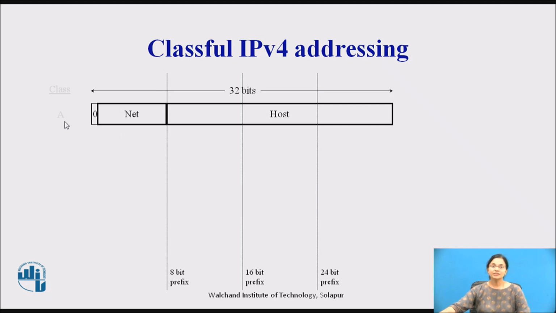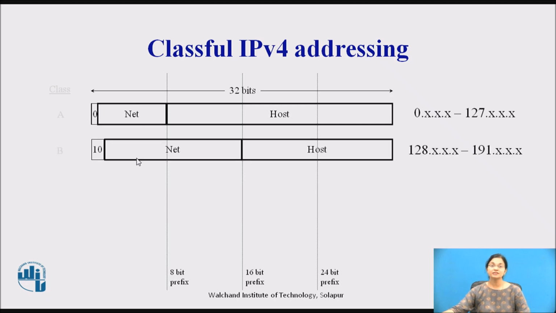Class A will always start with 0, the network part is 7 bits, and the remaining all is host. So from 0 to 127 will be your first network address. Class B will always start with 10. The network address is a total of 16 bits, and the remaining 16 bits are the host, but it will start with 10.